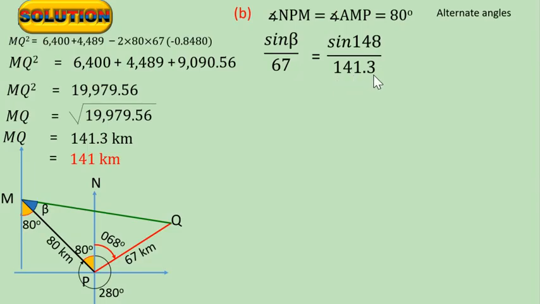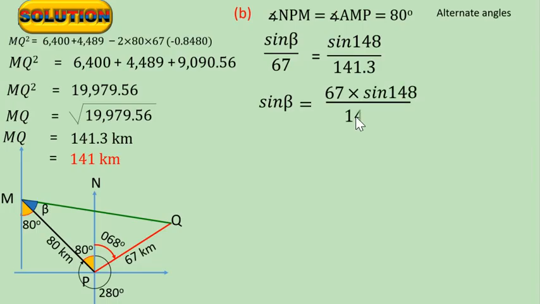The only unknown in this expression is beta, sine beta. So we are going to use that to calculate the value of beta. So what do we do? Make sine beta the subject. Sine beta will be equal to, cross multiplying, you are going to have 67 multiply sine 148.